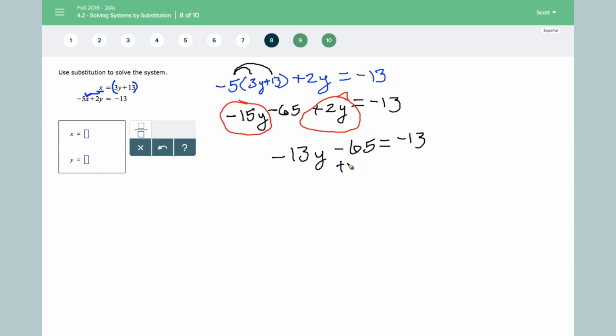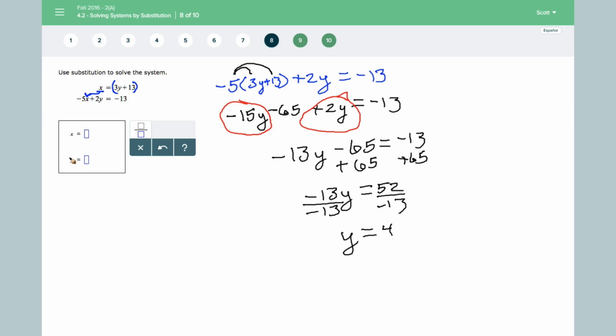So I'm going to get everything away from it. Plus 65, and negative 13y equals, and negative 13 plus 65 is 52. Divided by negative 13, divided by negative 13, y equals 4.